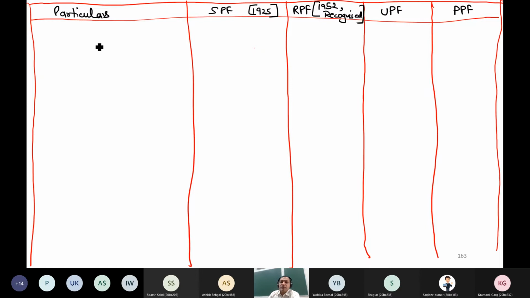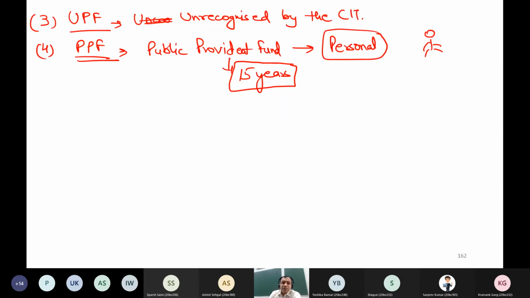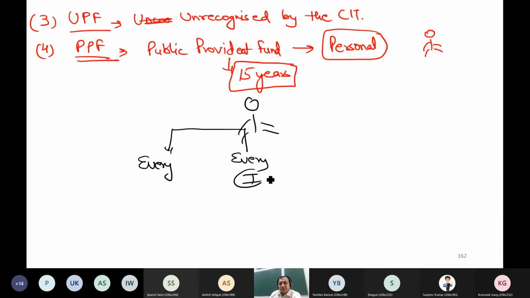PPF, personal provident fund. Now every year what happens? There will be three different points of time in the life of any human being as far as provident funds are concerned: yearly contribution, every year interest, and lump sum at the time of retirement.